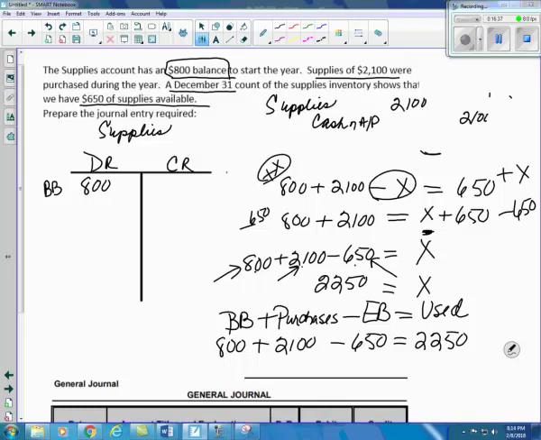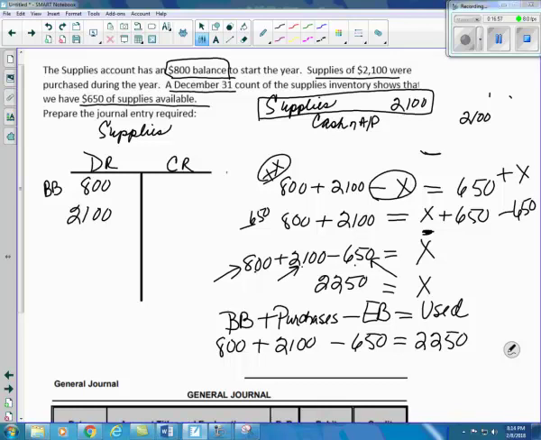If we credit accounts payable, that makes accounts payable go up. So what we did to our supplies asset here, making it go up, was debit it. So using my T account, I'm going to put my $2,100 over here on the debit side of the supplies account.